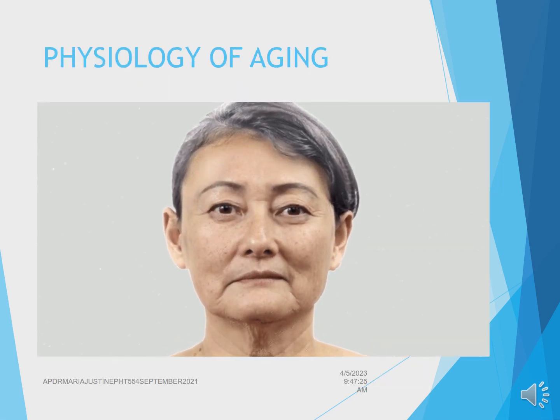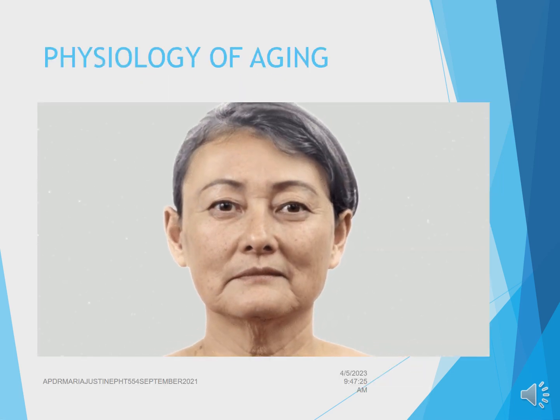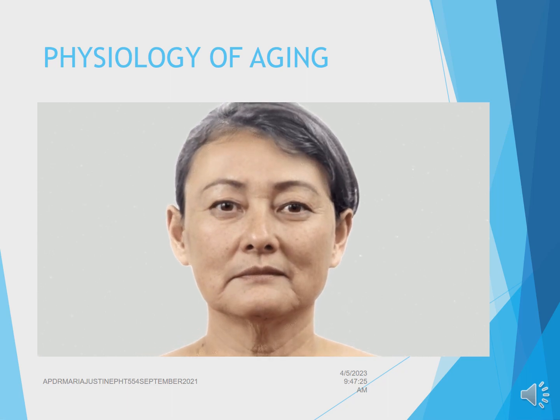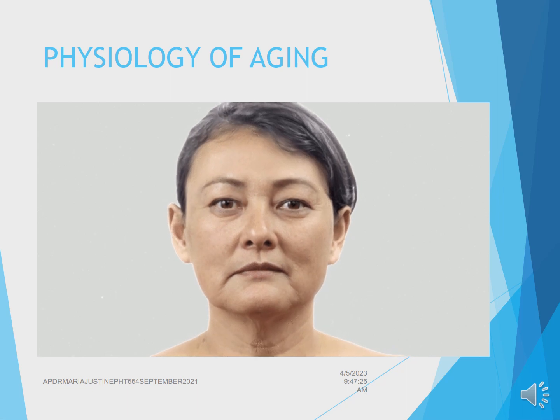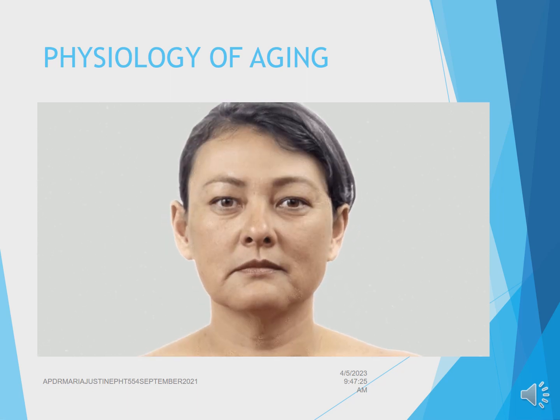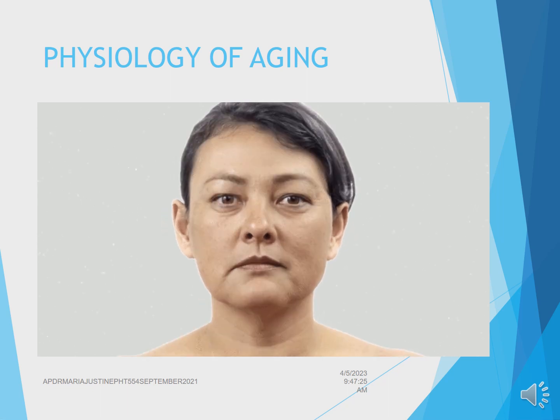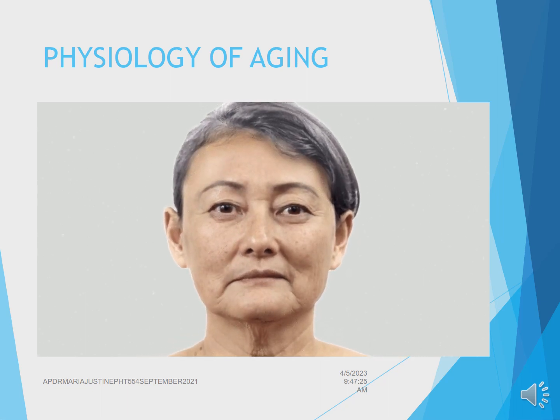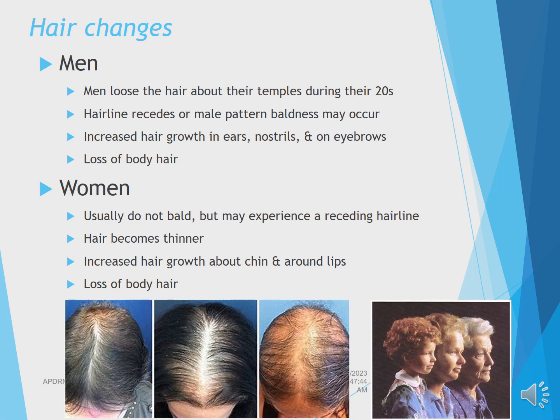So what happens to our physiological system from womb to tomb, from conception to maturity until we die? You can see that the hair will change.